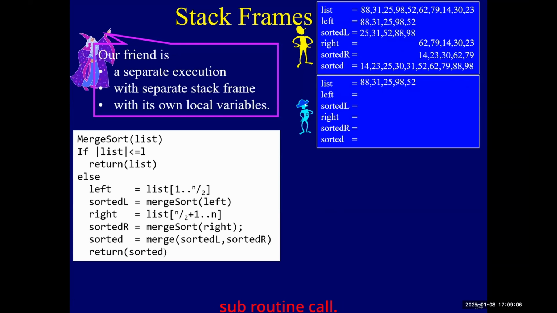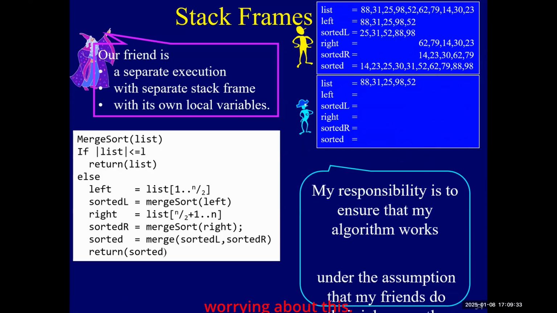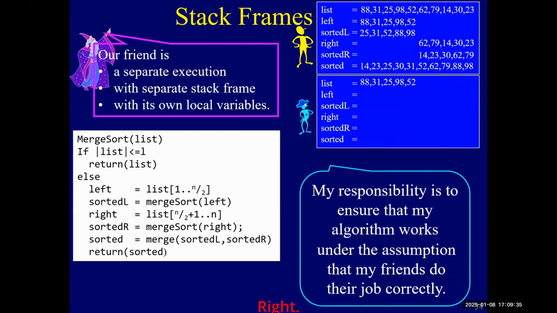When you make a subroutine call, your stack frame goes to sleep, and the stack frame of who you're calling goes on top. So your friend goes on top with her input. Now you see it's the blue guy talking, and the blue guy cuts the input in half.